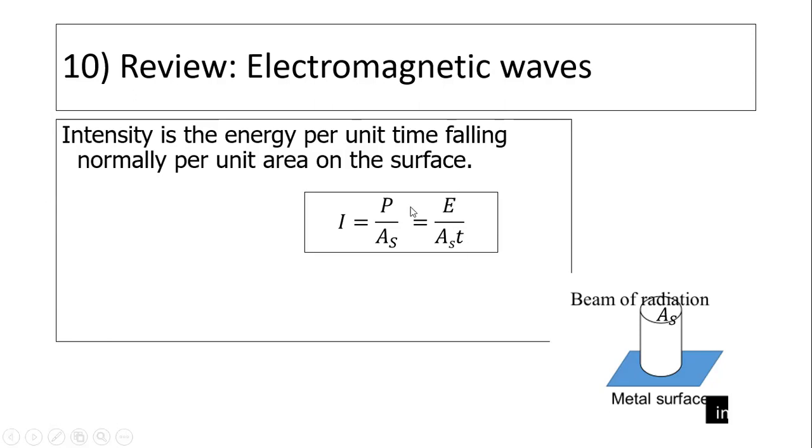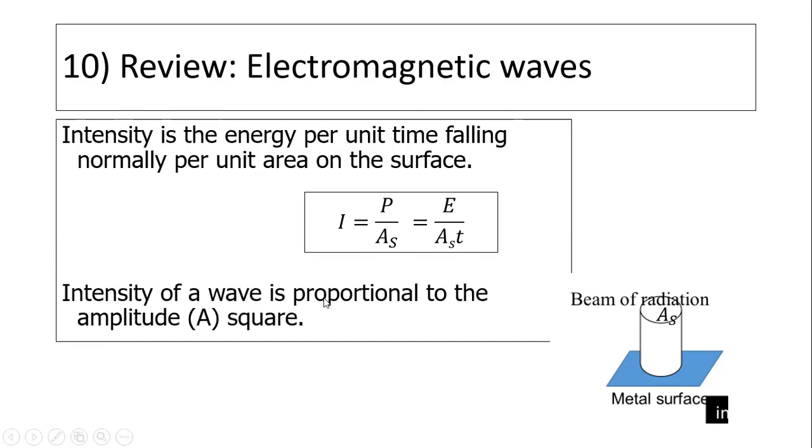Falling normally, it must be perpendicular to the surface, like here, per unit area. That's why we divide by area, that is your surface area. That's the beam of radiation on the surface, right? So that's our equation: intensity is power divided by area, or energy divided by time divided by area. And then the intensity is proportional to amplitude squared. So in order to increase the energy, we increase the amplitude.